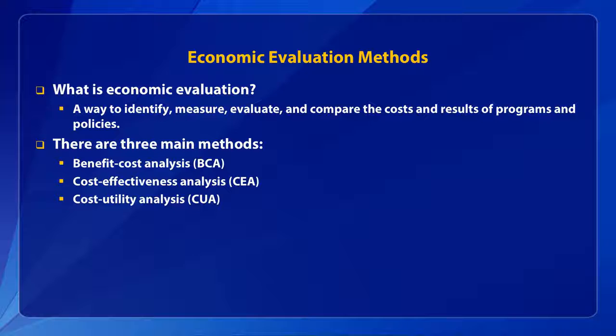In cost effectiveness analysis, to be discussed in Module 5, program costs are in dollars but benefits are left in some natural unit, such as life years saved. A special type of cost effectiveness analysis called cost utility analysis includes only health outcomes.